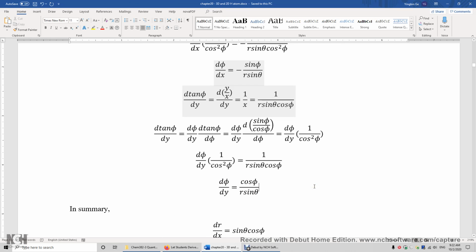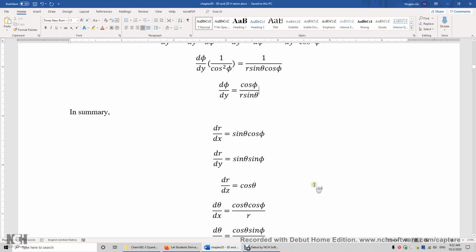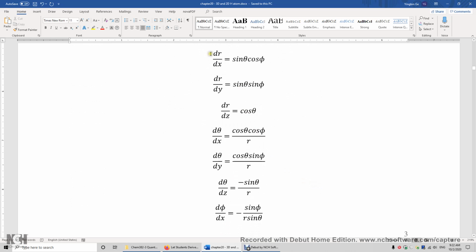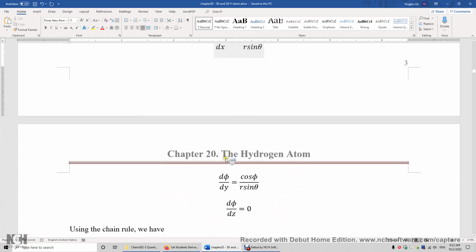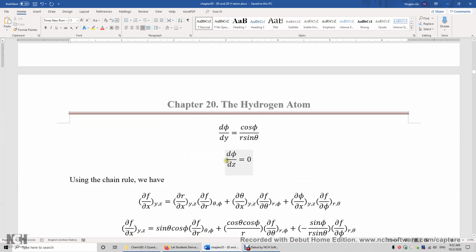And now I'm going to summarize the 9 derivatives. dr over dx, dy, dz. d theta over dx, dy, dz. Finally, d phi over dx, dy, dz. Again, over here, phi does not depend on z. So now we'll use the chain rule.